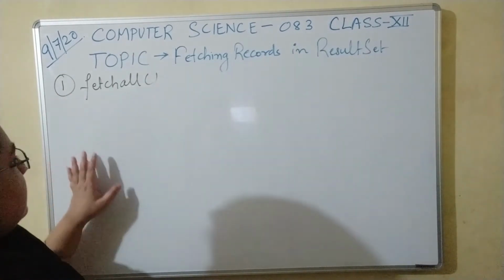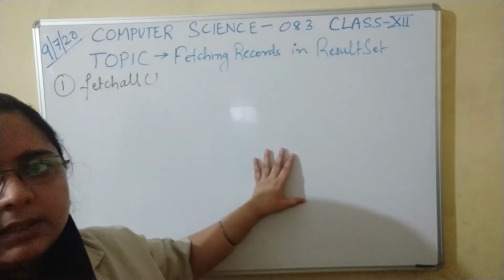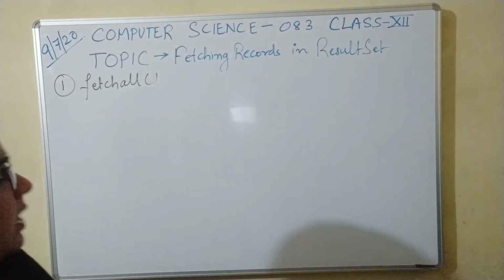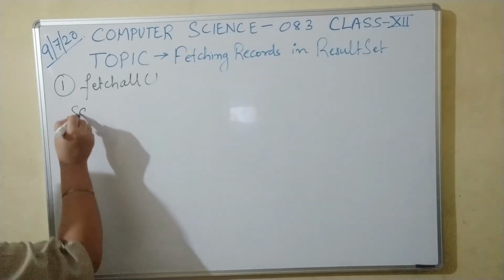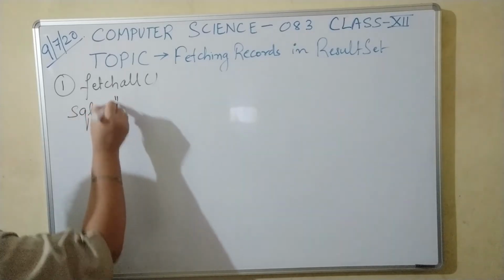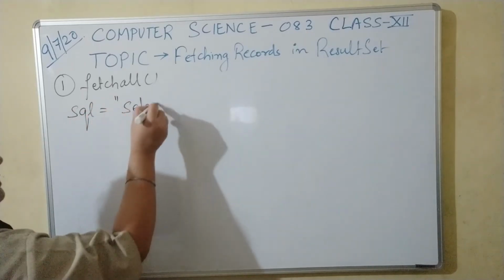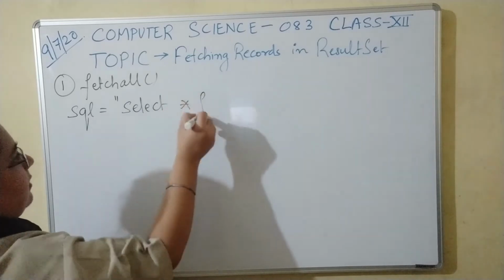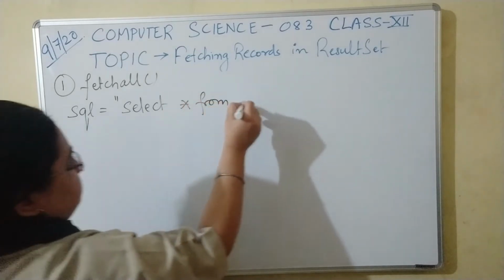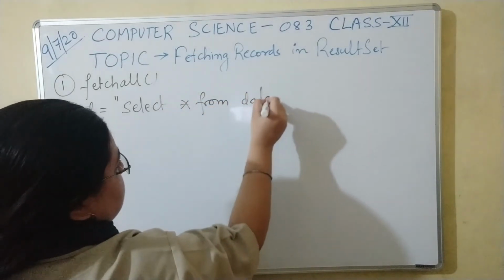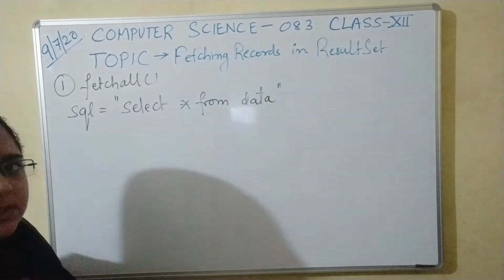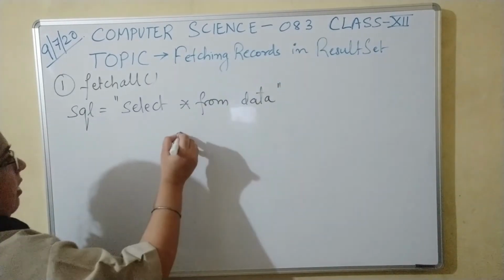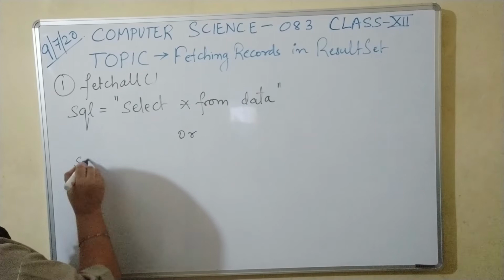When we create an SQL string, it is like this: select asterisk from data. It could be a simple SQL string like this, or something like this.